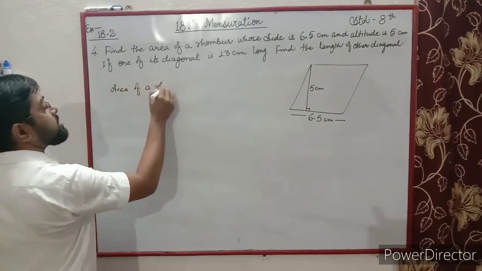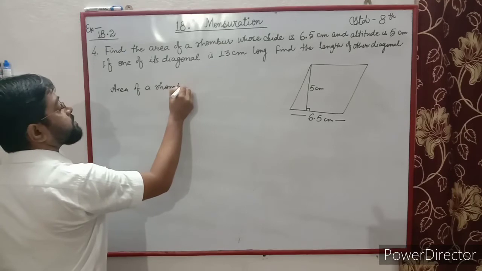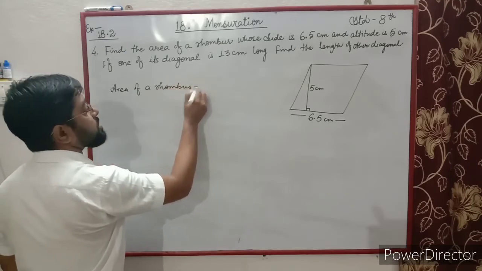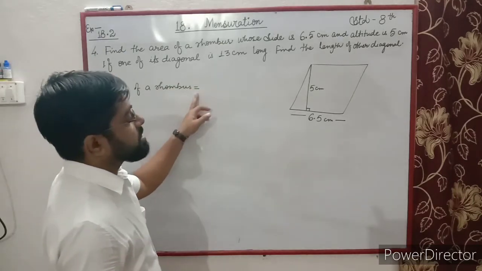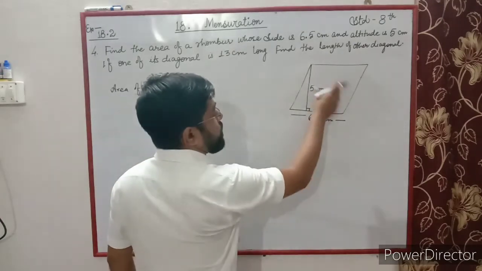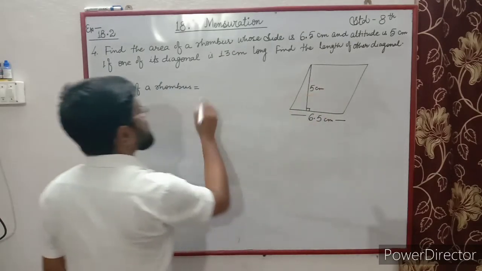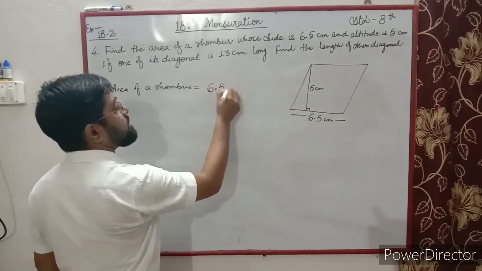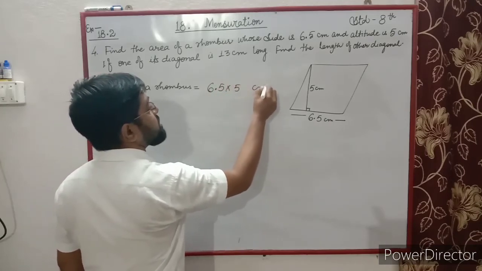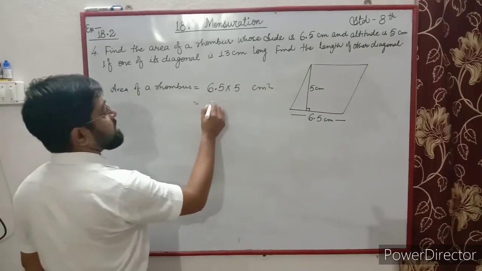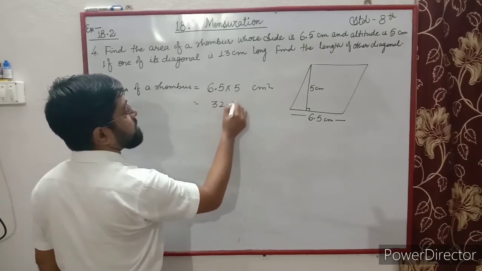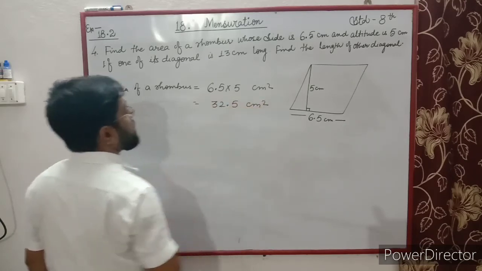Now area of a rhombus, rhombus is also a parallelogram, so base into height, so 6.5 into 5 centimeter square. So area of a rhombus is 32.5 centimeter square.